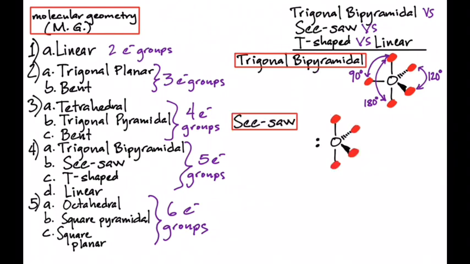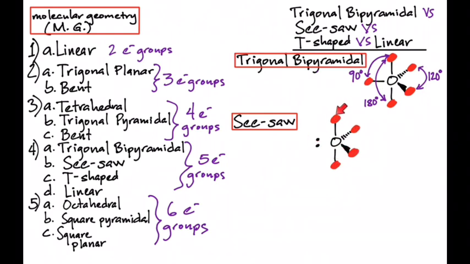You can have a 120-degree bond angle and a 90-degree bond angle. Now, if you replace one of these terminal atoms with a lone pair, according to VSEPR theory, you can minimize the repulsion of the electrons by making one of the equatorial atoms the lone pair. Okay, so you have less repulsion if the lone pair was in the equatorial position instead of axial.